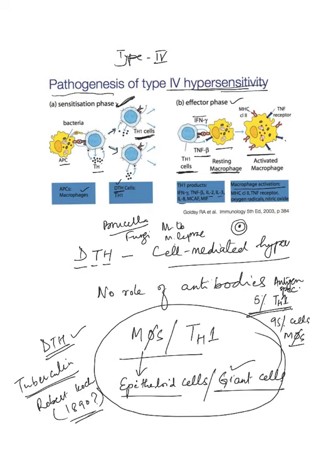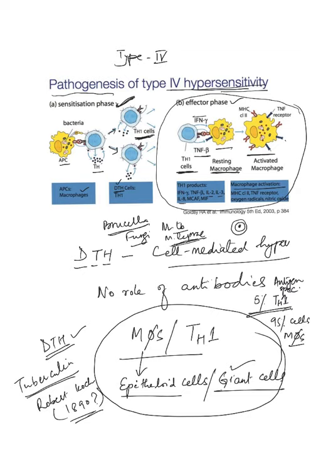So these are all intracellular pathogens against which this kind of reaction happens, and that leads to the capturing of these pathogens at a particular place, and does not allow them to infiltrate to various organs in the body, and hence it enables control of the infection.